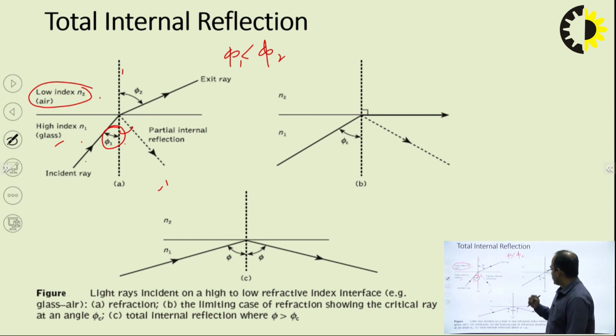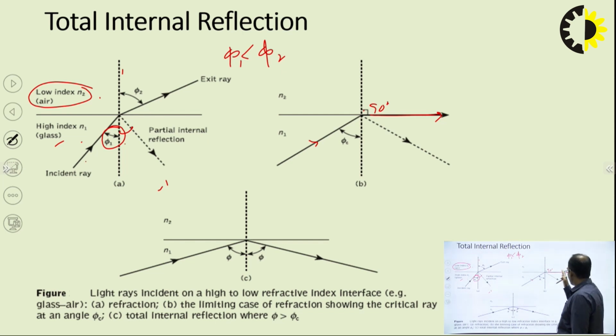In that case, the angle of refraction is 90 degrees. This is the second case, the limiting case of refraction, showing the critical ray at an angle phi c. So, what is happening here? This refracted ray is going parallel to the boundary.